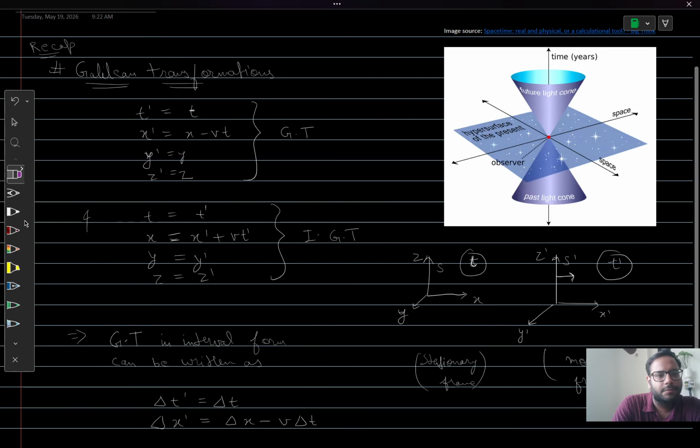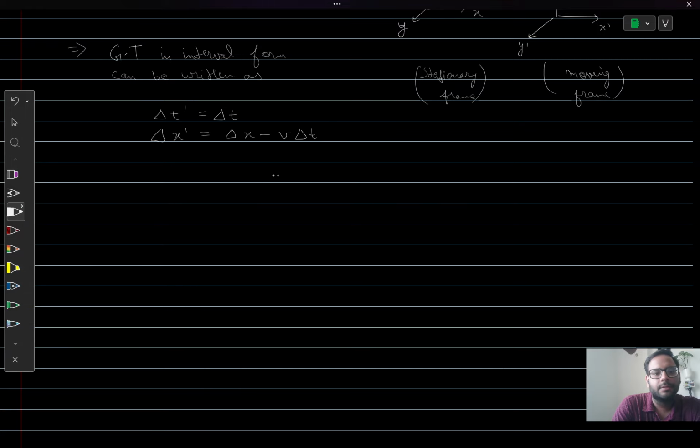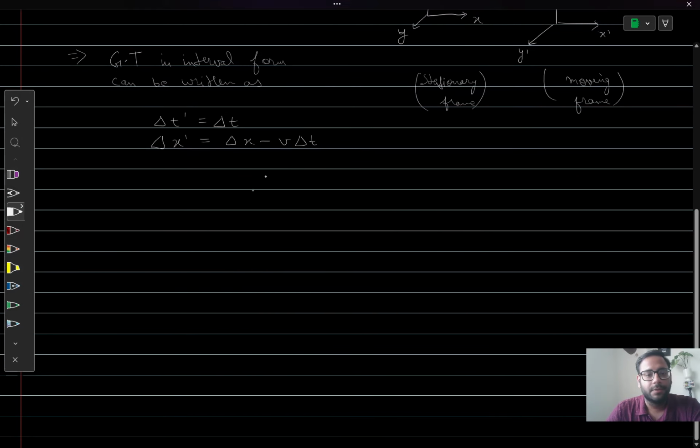Now it's fine, because the speed of light does change in different inertial frames in the Galilean transformations or Galilean relativity. And similarly, delta y prime equals delta y, and delta z prime equals delta z.